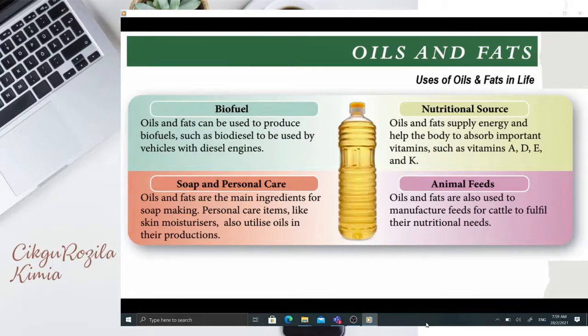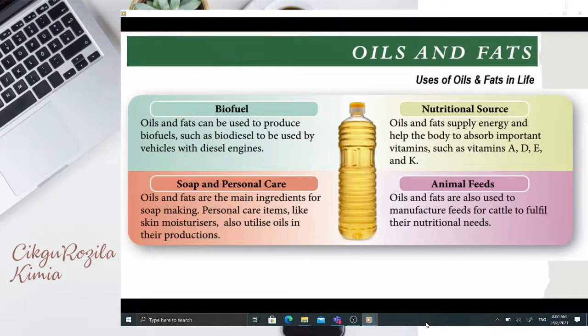Okay, walaupun begitu, kita tengok oil and fats ni banyak kegunaannya in our daily life. Tapi yang paling selalu kita dengar, common or normal yang selalu kita dengar ialah oil and fats ni bahaya. Okay, because, cikgu bacakan sikit. The fatty foods are very high in calories. So maksudnya kalau kita nak makan, kita tak boleh makan secara berlebihan.